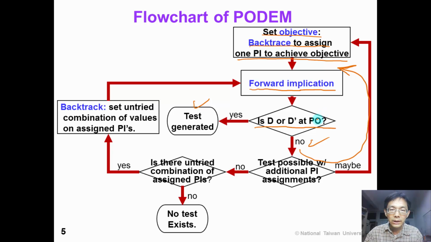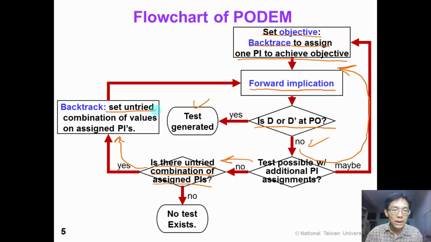If test is impossible with current assignment, then we will need to check if there is any untried combination of assigned primary input. If so, we need a backtrack.